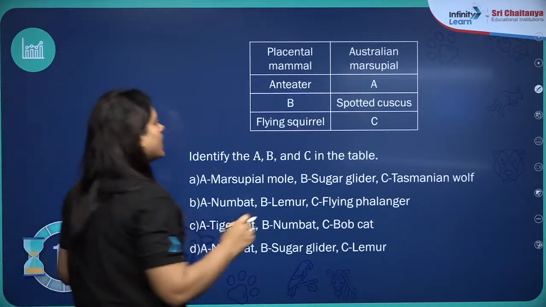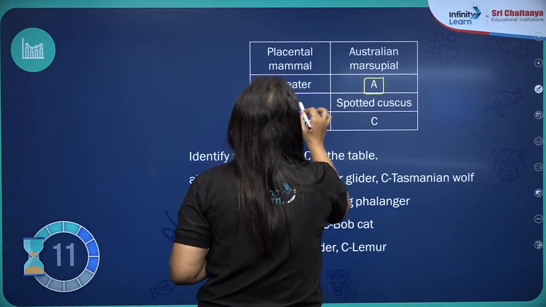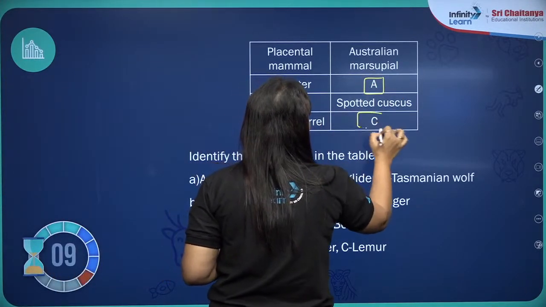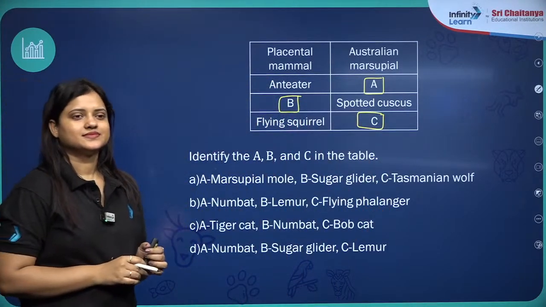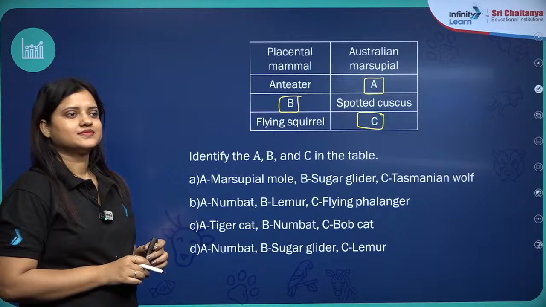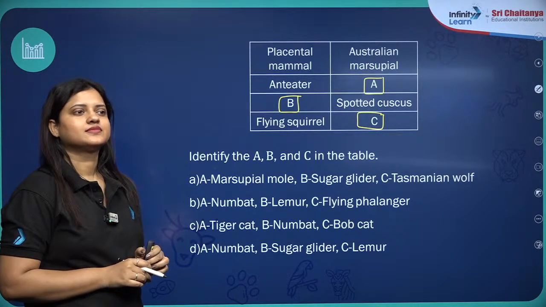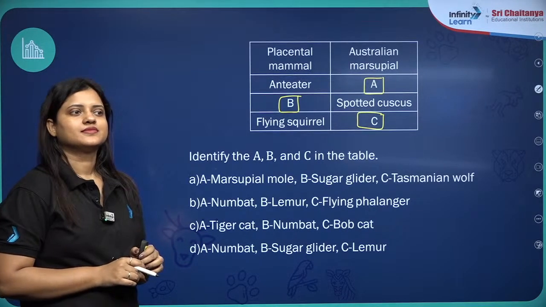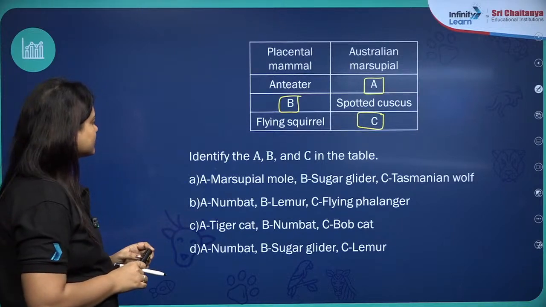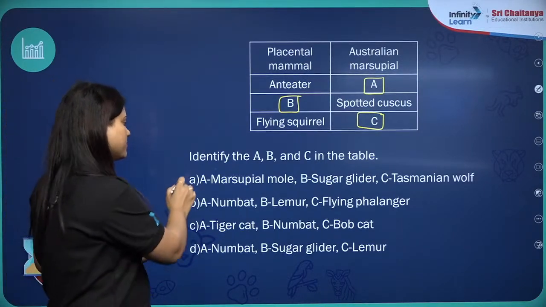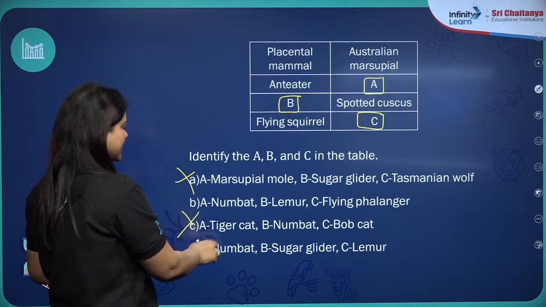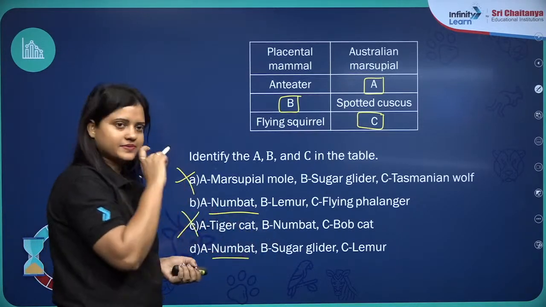So here you need to identify A, B and C. Anteater will not be mole, will not be tiger cat, it is definitely numbat.